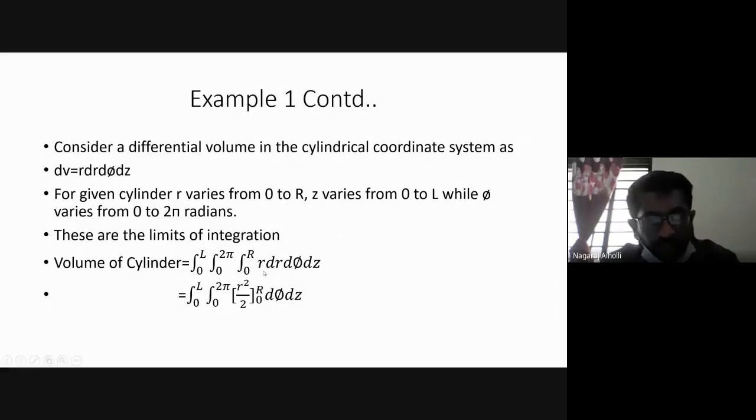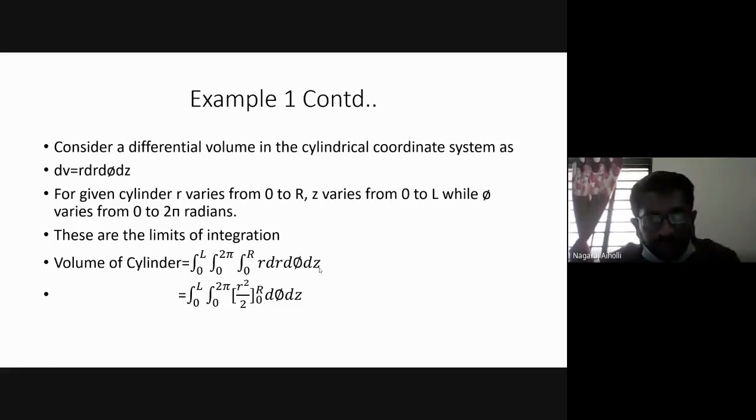Now, friends, note down this formula. Volume of cylinder equals triple integration, integral 0 to L, integral 0 to 2 pi, integral 0 to R, R dR d phi dz. Then perform the triple integration.